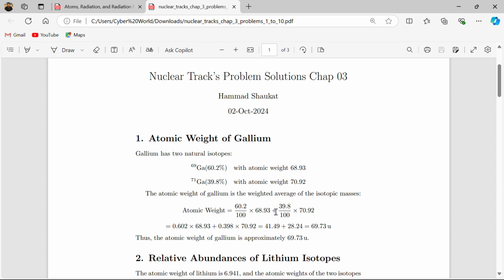After summation, your final result is 69.73 AMU, atomic mass unit. So this is the atomic weight of gallium, and this is how you can find it.